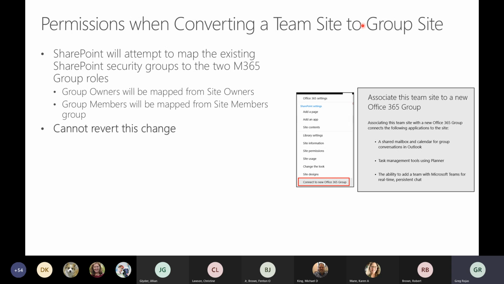So it cannot be undone. There is an option. It's a horrible option, but we can build another site and then migrate that content over and eventually delete the original site that probably had the URL you wanted. So decide carefully. If you go to a non-group connected site and then you say, hey, I want a group, understand you can't go back.